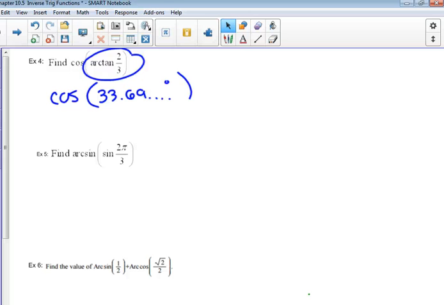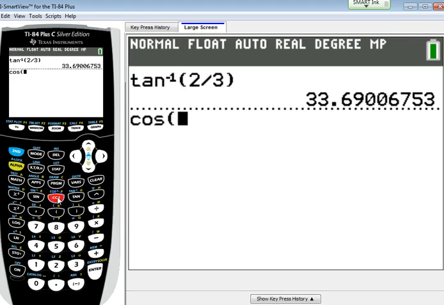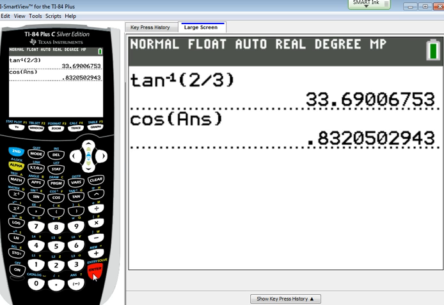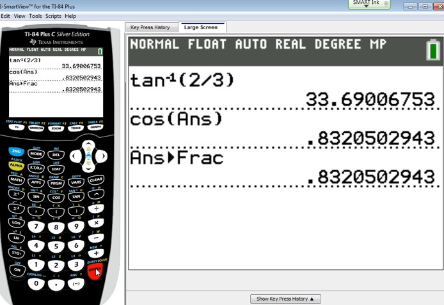It's not the second function, just regular cosine, not arc. So you're just going to do cosine, and I would use your second negative sign so it takes the whole answer and brings it down. Here we get about 0.83, rounding to the nearest hundredth, since we can't make it into a fraction.